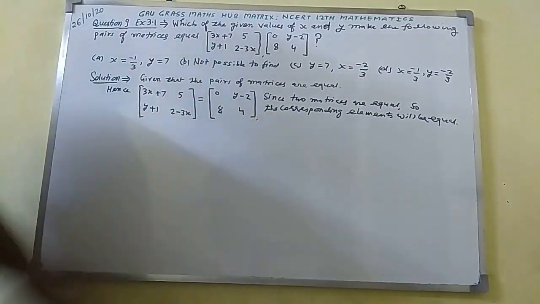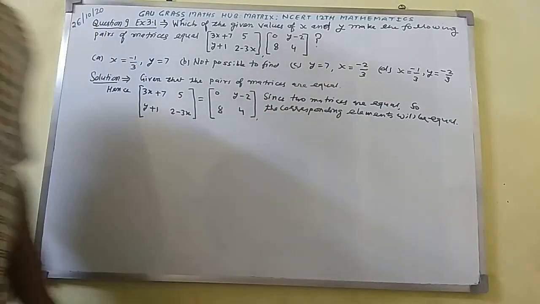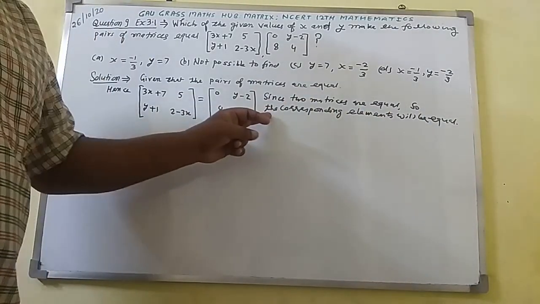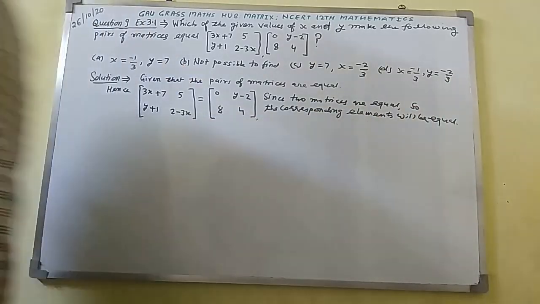Here I have written, since the 2 matrices are equal, comma, therefore the corresponding elements will be equal.